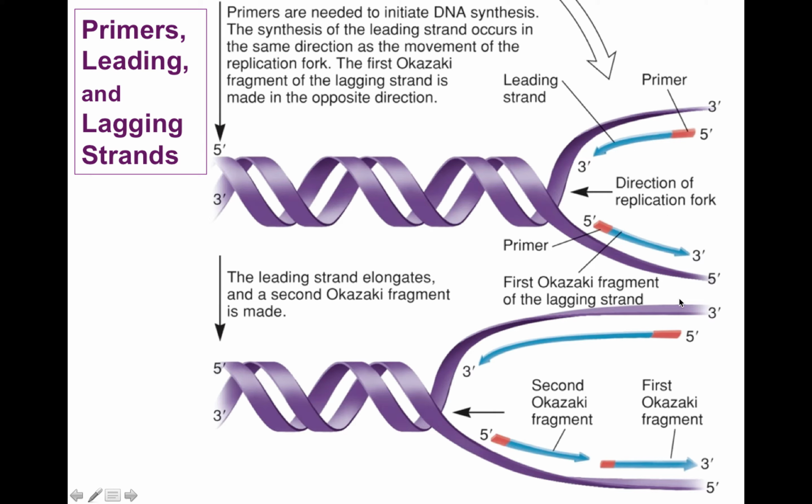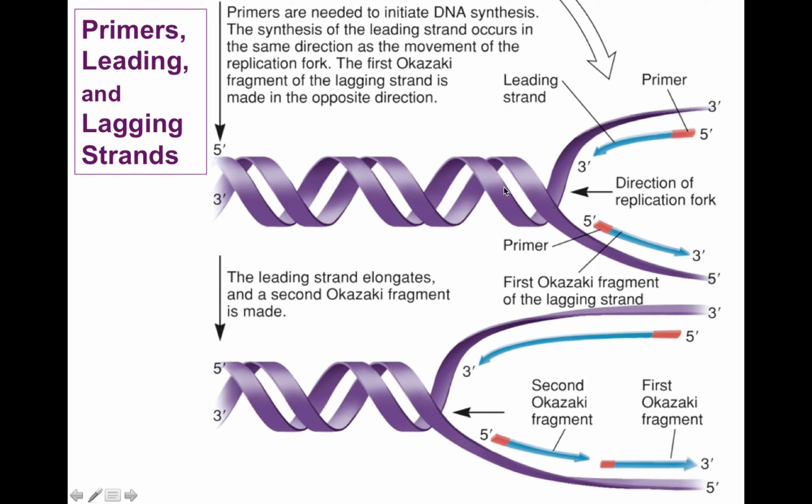However, on the opposite strand, there's an issue that has to be dealt with. Once a segment of the DNA is separated at the initiation of DNA replication, and a primer is laid down, DNA replication occurs from here out towards the end.